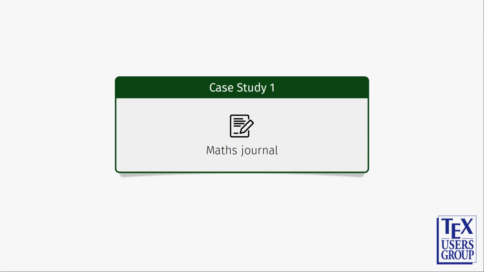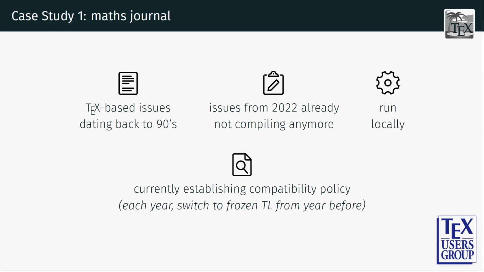After that short introduction, let me come to the first use case, which is about running these Docker images locally, instead of a local installation of TeX Live. I'll take the example of a small German non-profit math journal.